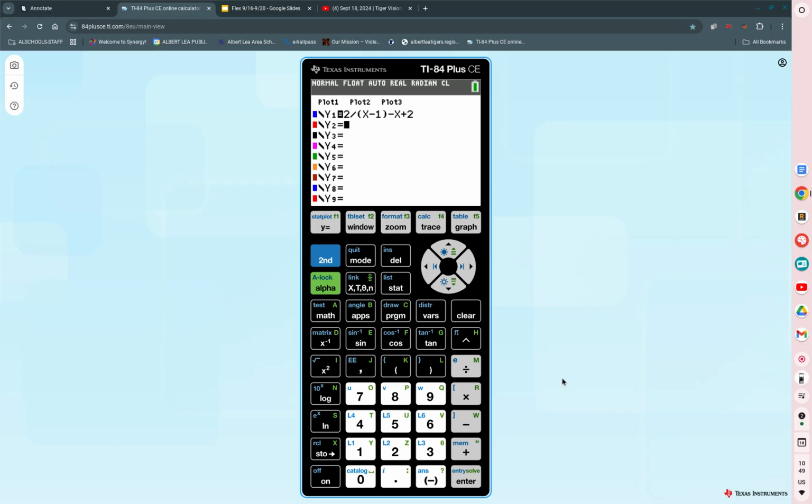Now when I press graph, look at what I get. If it's set equal to 0, what spot on the graph do you think I want to find? Where it crosses the x-axis. That's called the 0.